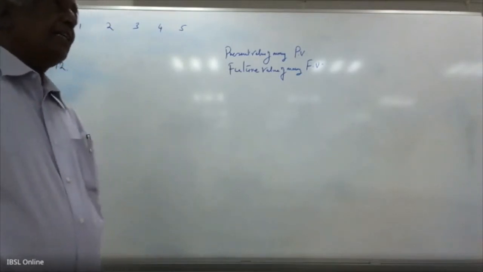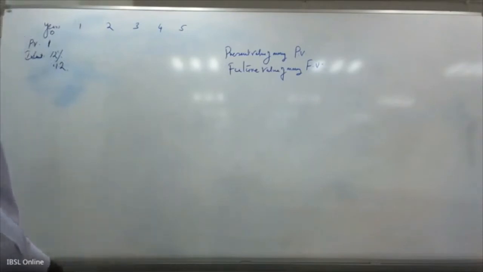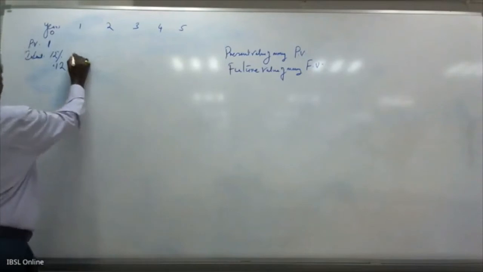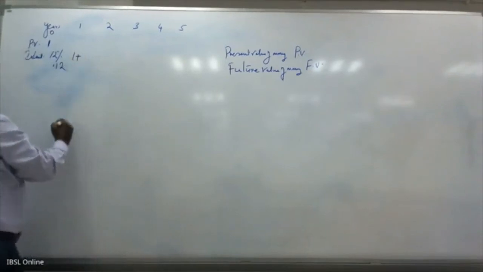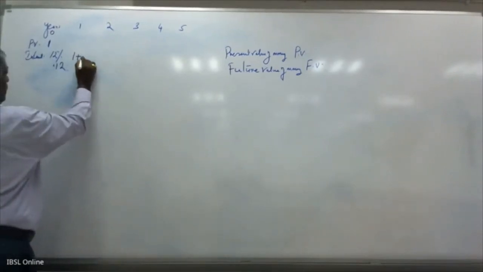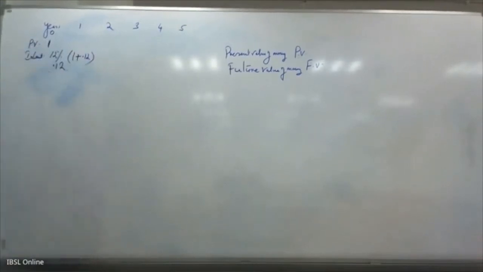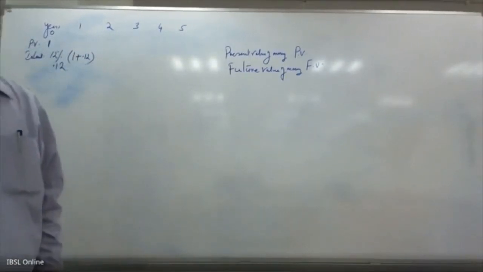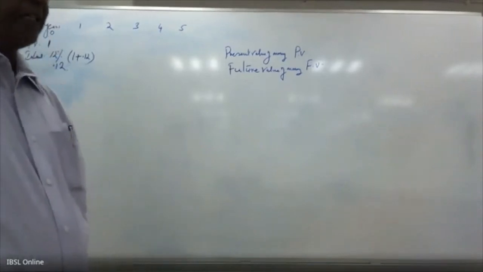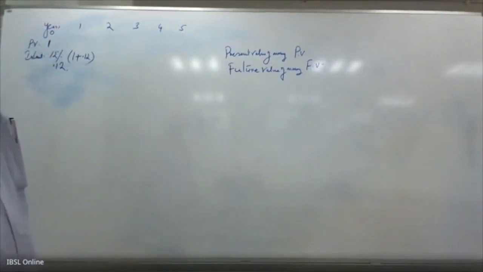After 1 year, at the end of 1 year, how much the value of the money? You will get 1 rupee plus the interest, that is 0.12. At the end of 1 year, the value of money will be 1 plus 0.12.